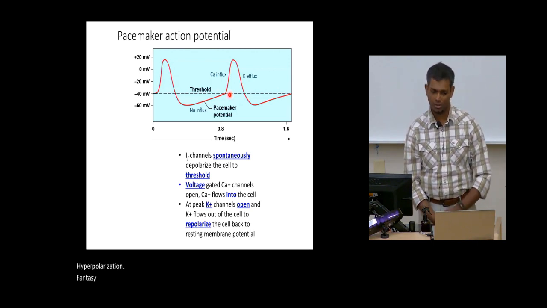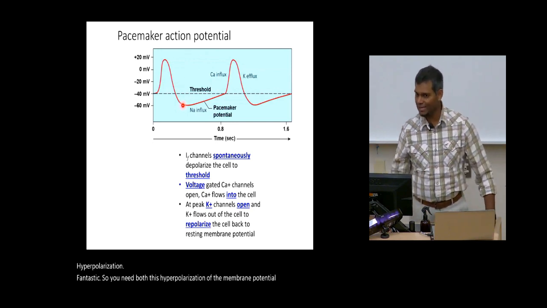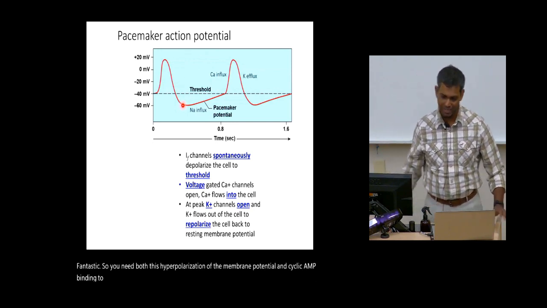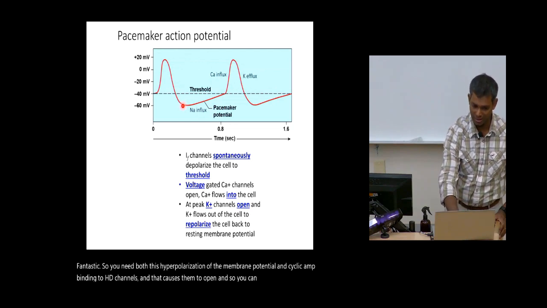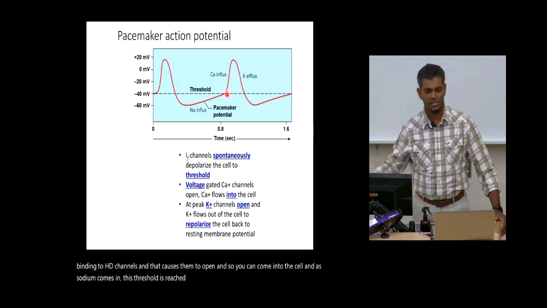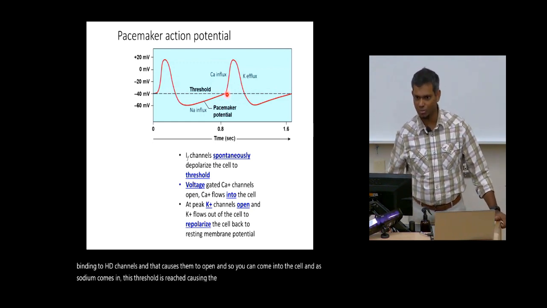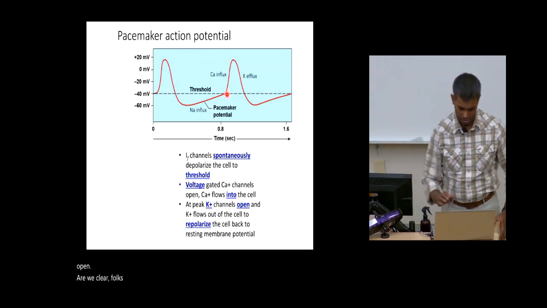Fantastic. So you need both this hyperpolarization of the membrane potential and cyclic AMP binding to the HCN channels, and that causes them to open and sodium can come into the cell, and as sodium comes in, this threshold is reached, causing the voltage gated calcium channels to open. Are we clear, folks? All right, moving on.